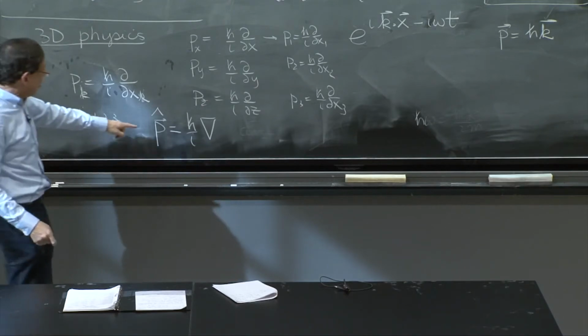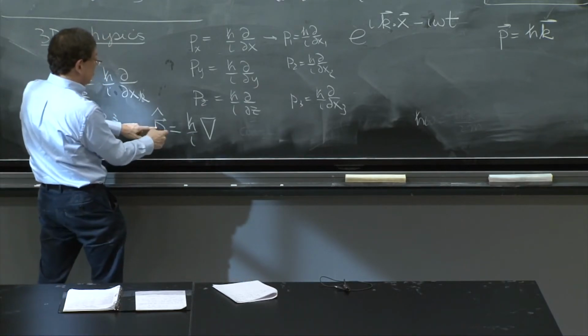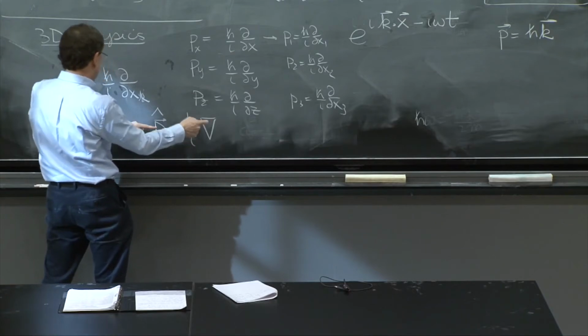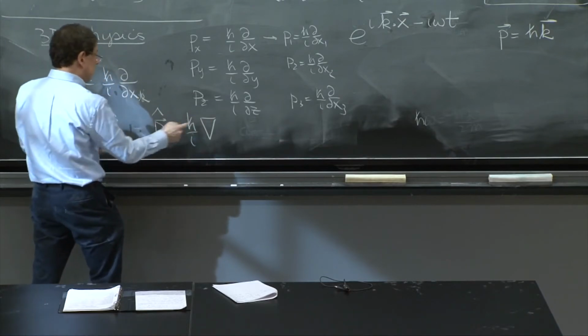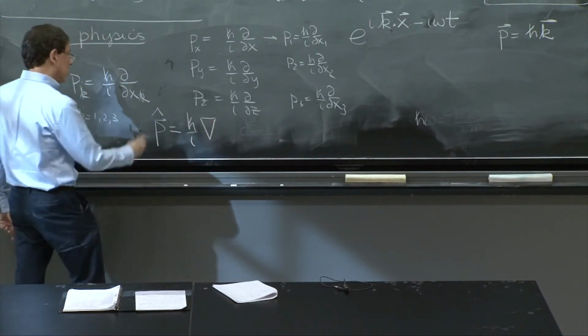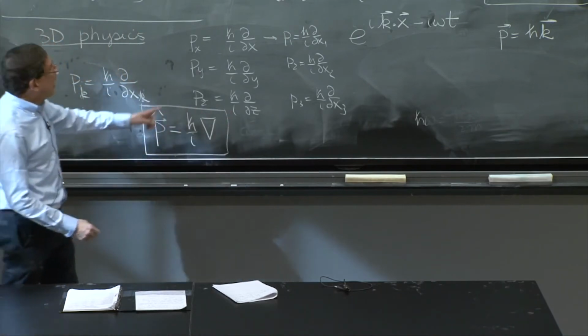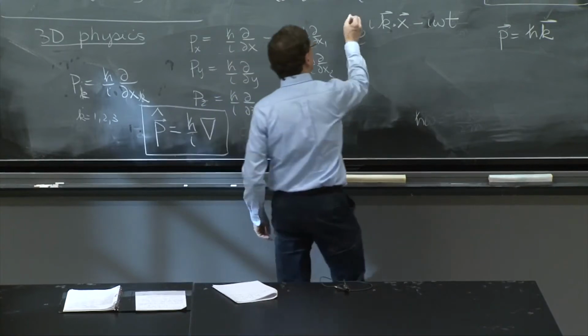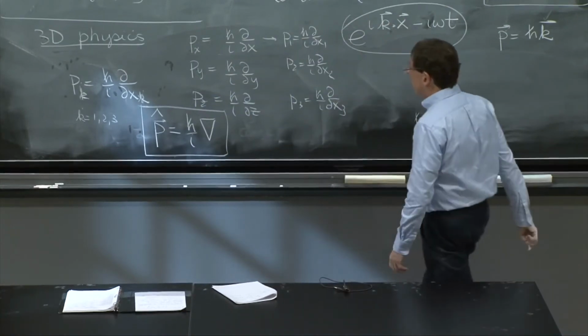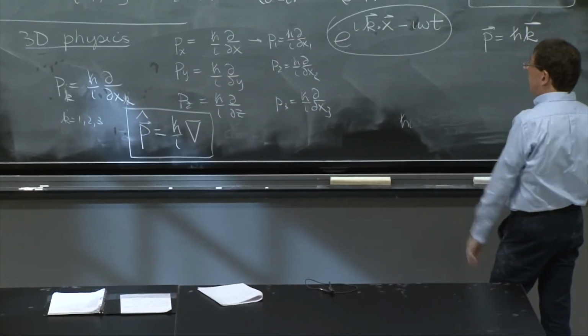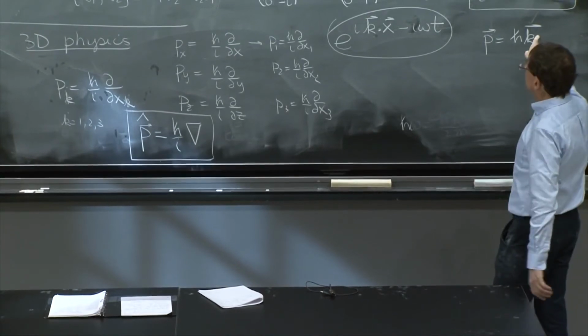So there you go. The x component of the momentum operator is h bar over i d/dx, or d/dx1, d/dx2, d/dx3. So this is the momentum operator. And if you act on this wave with the momentum operator, you take the gradient, you get this.